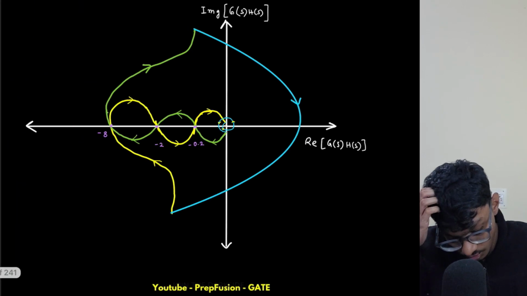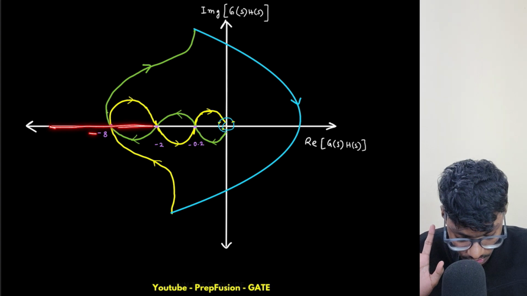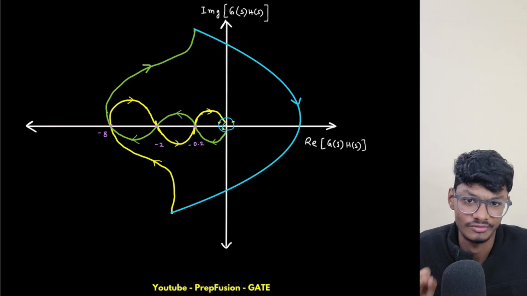Okay, so now from here, when is my number of encirclements 0? I will obviously cross through this real axis and see where my number of encirclements is 0.